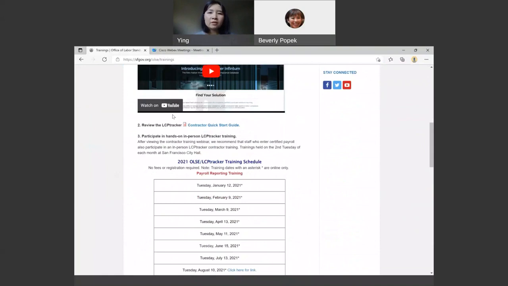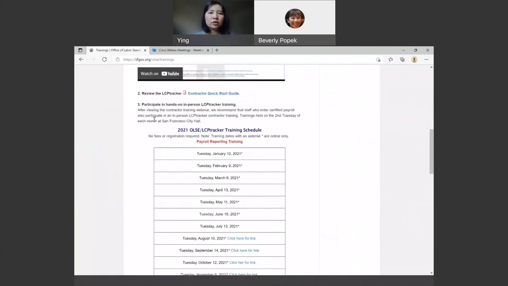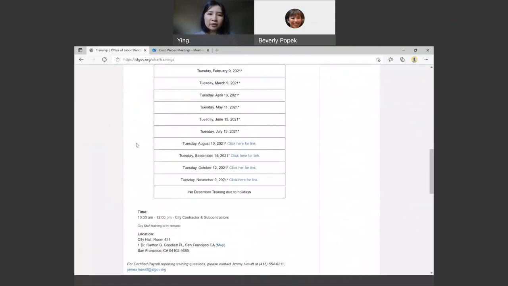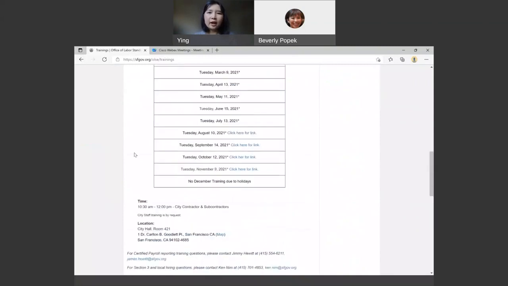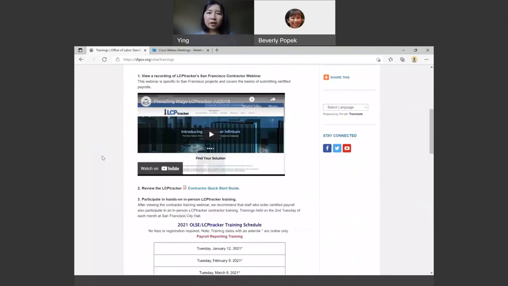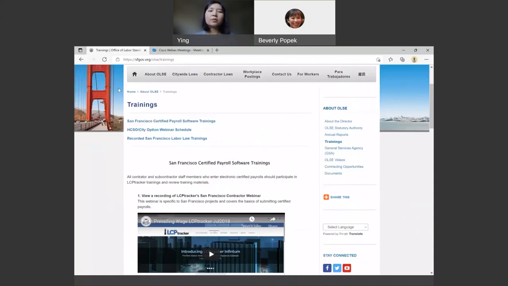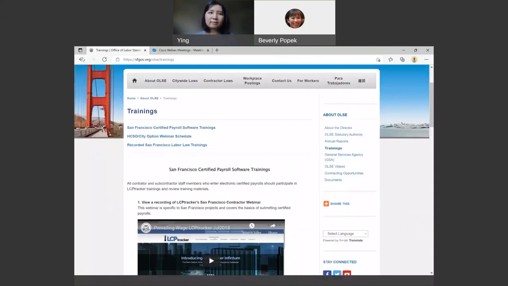And next we have our training schedule for 2021, and we are going to update our schedule really soon. After that, these are basically the trainings available on our website for public works projects.